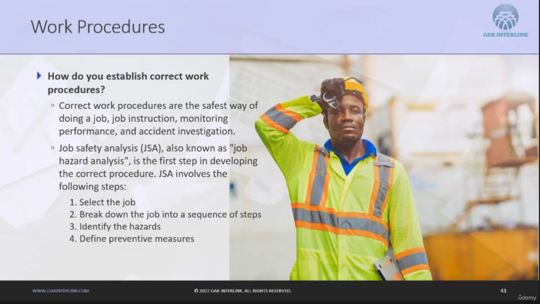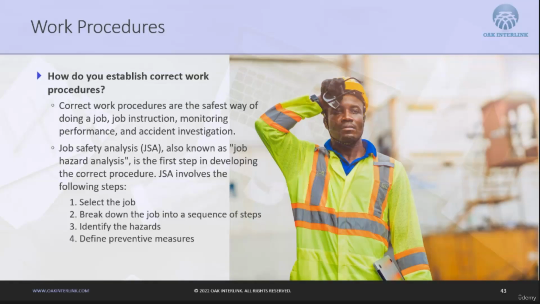In the job safety analysis, each task of a specific job is examined to identify hazards and to determine the safest way to do the job. The job safety analysis includes selecting the job, breaking down the job into a sequence of steps, identifying the hazards, and then defining preventive measures.